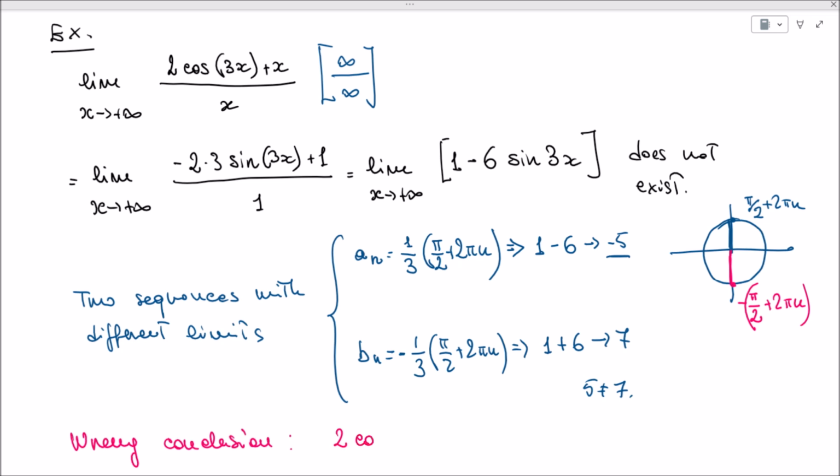2 cosine of 3x plus x divided by x has no limit. So that would be the wrong conclusion.